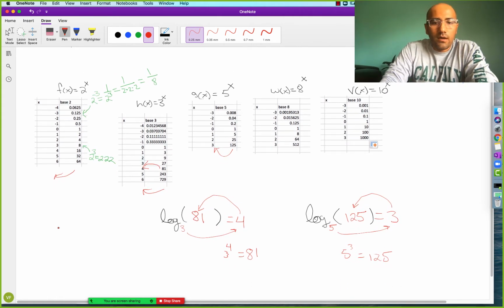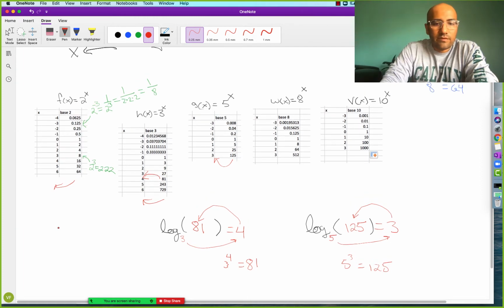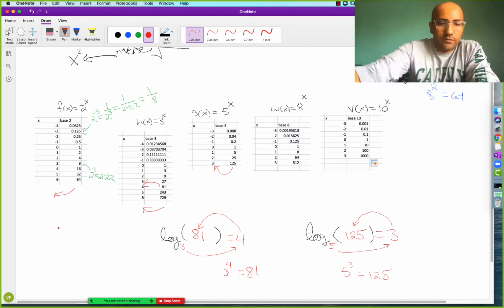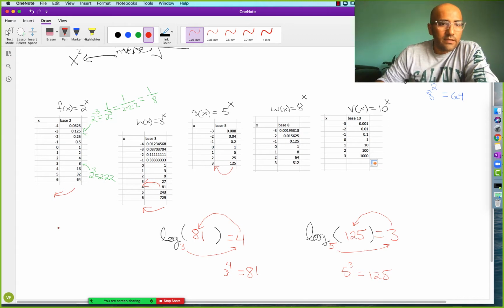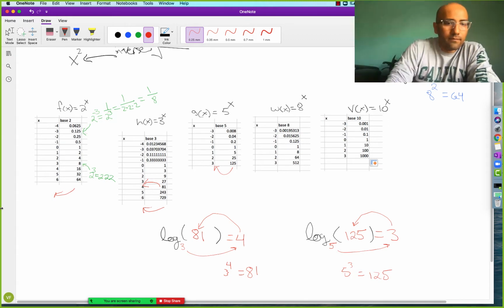Okay, so next we're going to start thinking about the graphs of these, right? So this is a brand new function. Let's focus on this function with the square.